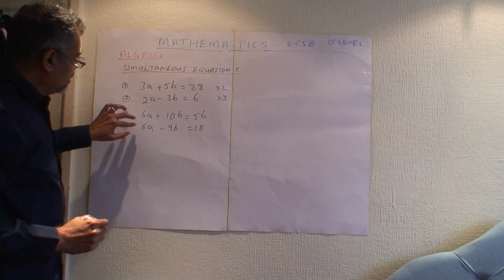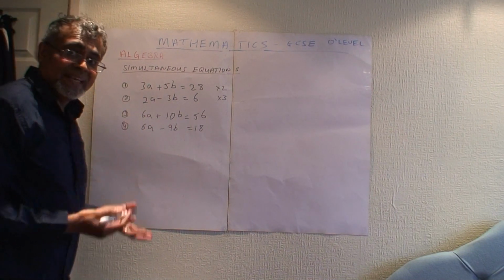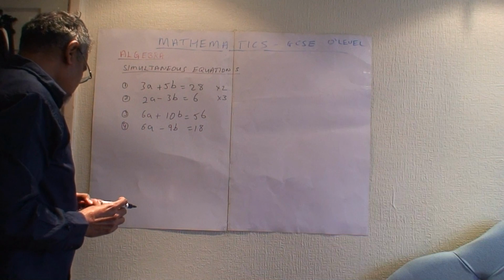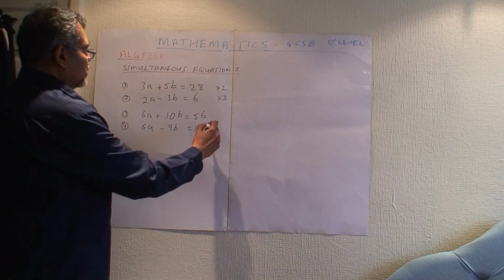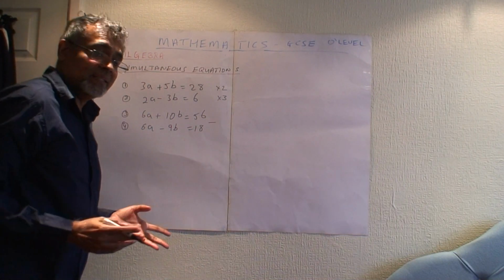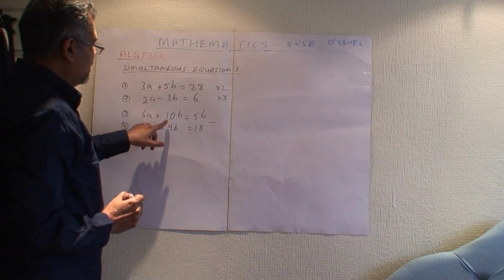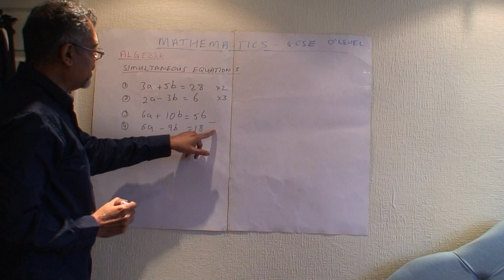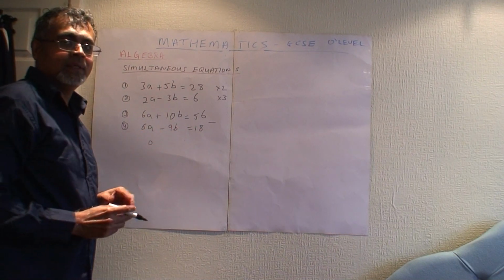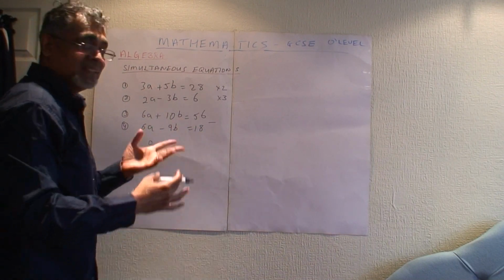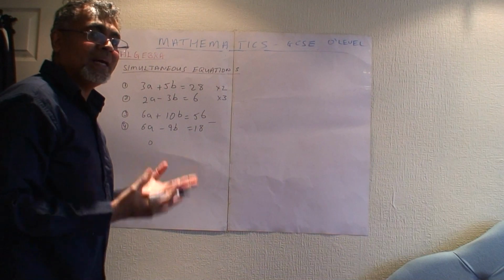Now if you see, these two values here are the same, so we could minus them. So this becomes 0. Here we have 10b minus 9b. Minus and a minus is a plus, so we have to add them.